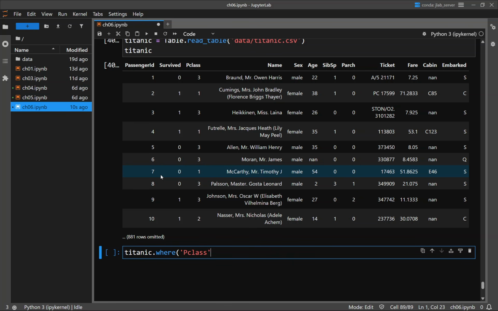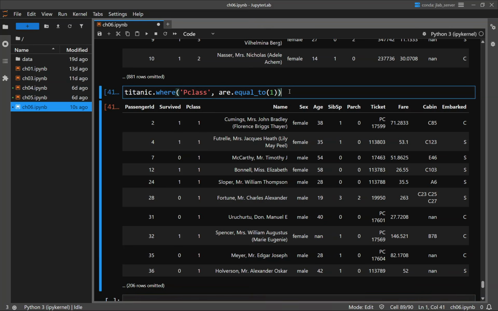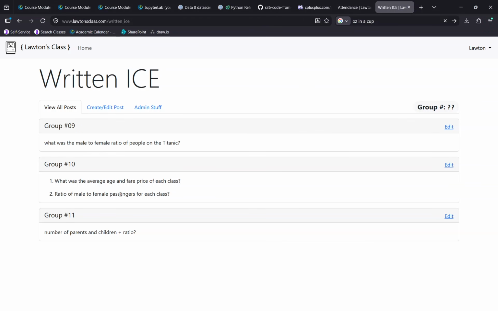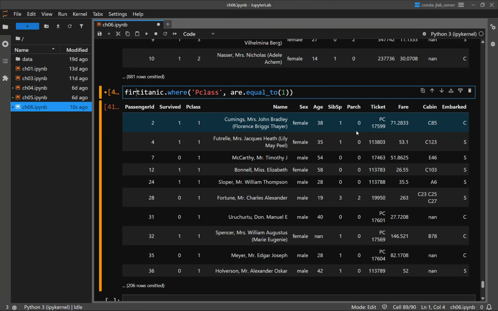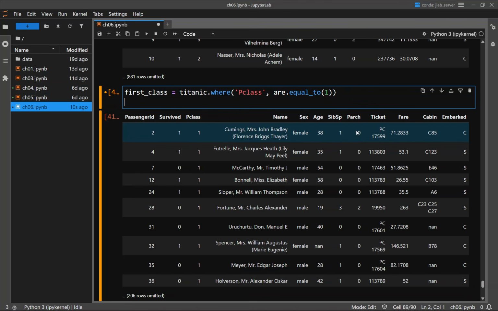Where P class values are equal to 1, that's class 1. And then we can get male to female ratio for each of those. So let's do percent female. So this is first class. So this is the first class table.